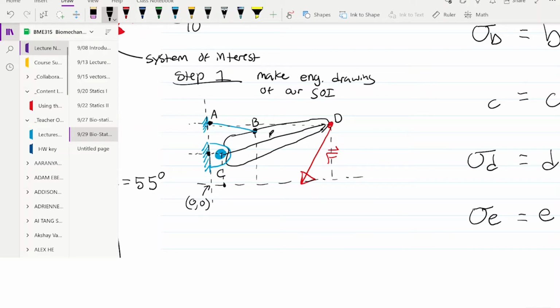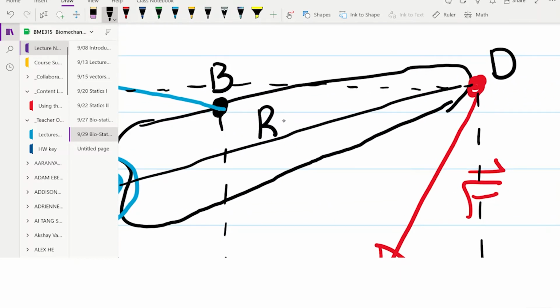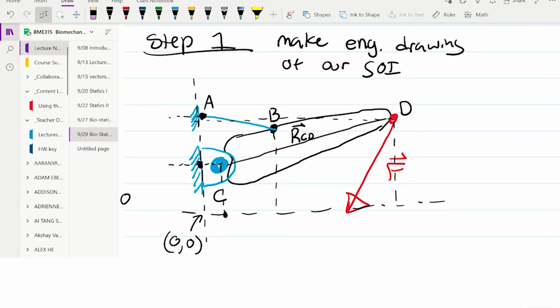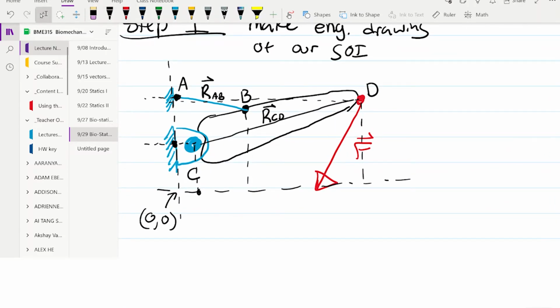Let's call this RCD. So RCD, and then we got our AB. So either one's good, right? As long as they're in vector form, we're okay.